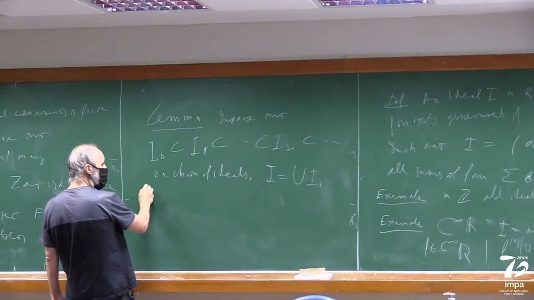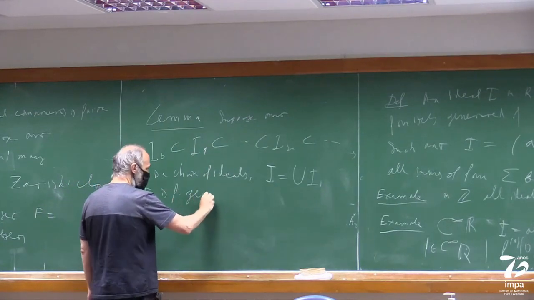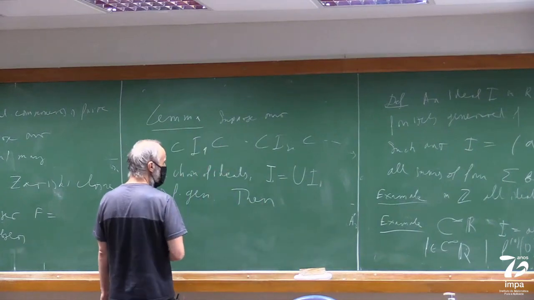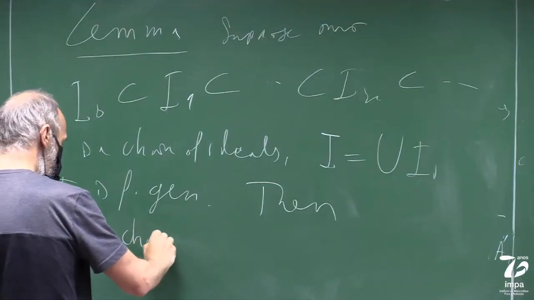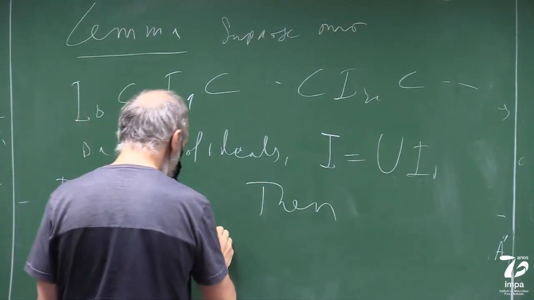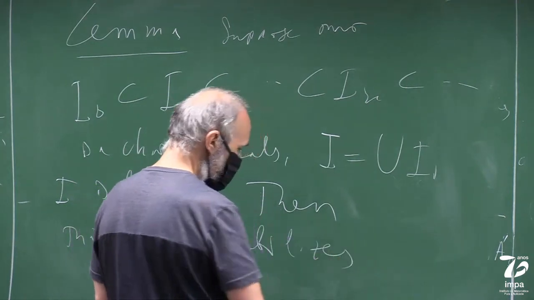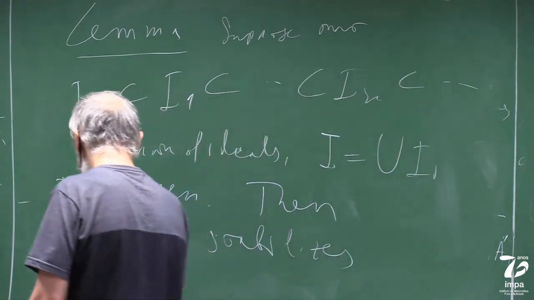And suppose that I is finitely generated. Then this chain stabilizes, or terminates. So it's a finite chain. And the proof is quite obvious.